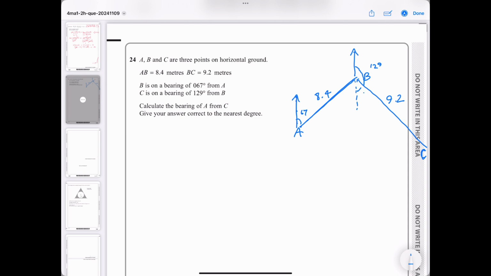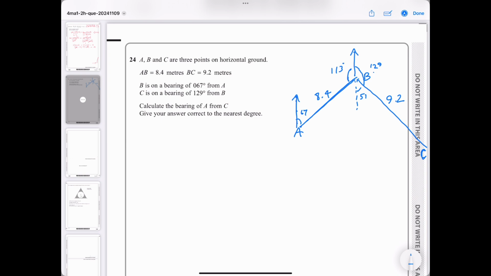So this bit there would be 51. And then this bit in there would be, what's 67 from 180? 113.